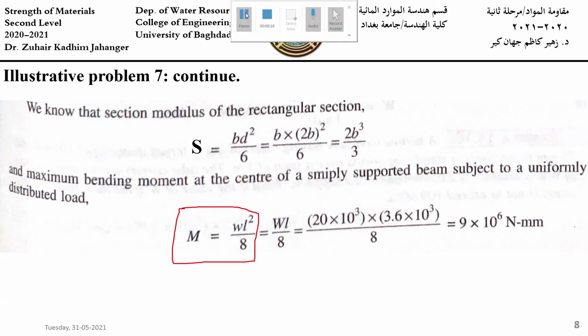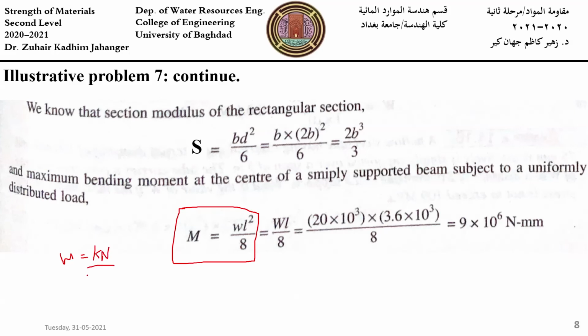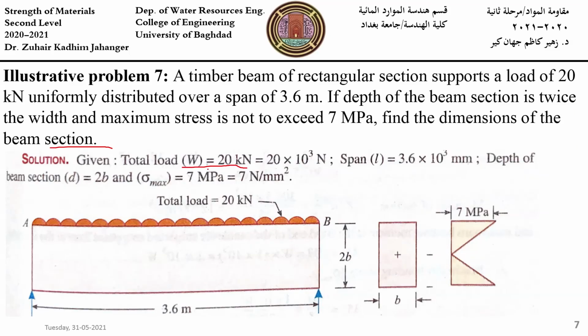Let me double check if there is something missed here. Just to give you a hint about this equation, it is WL squared over 8 for small w, which is the kilonewton per meter distributed load. And here it's W, which is the total as given here.